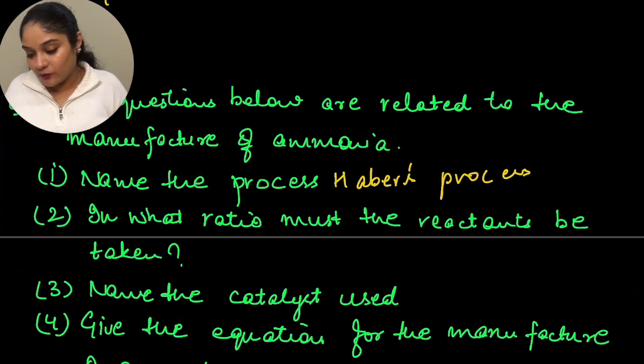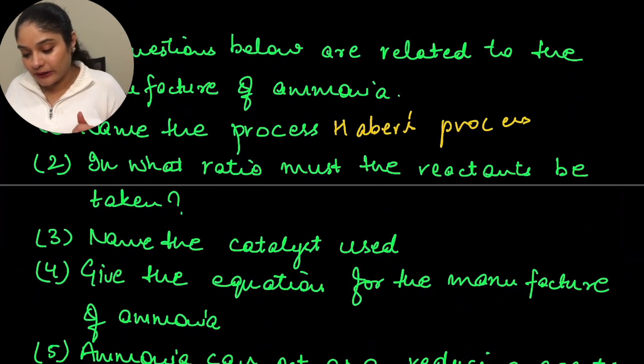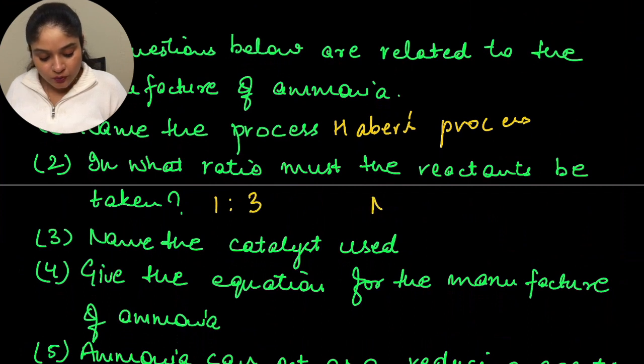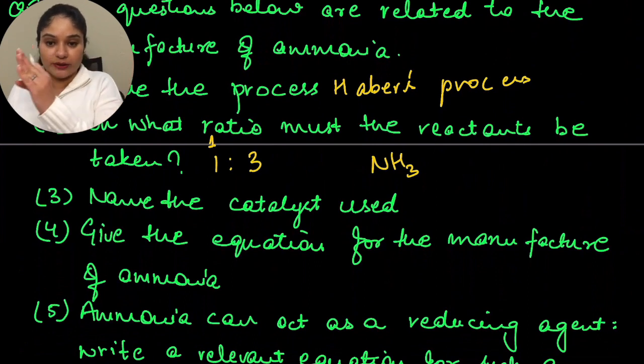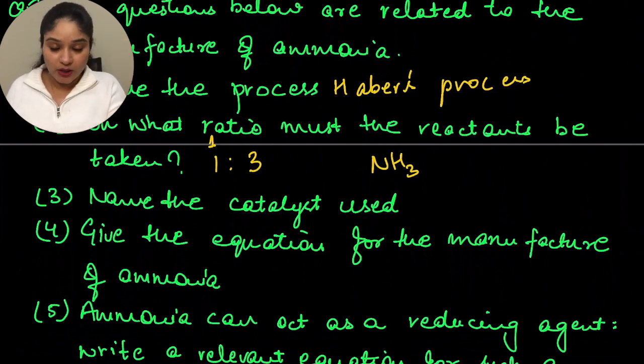Then the next is, in what ratio must the reactants be taken? They are always taken in the ratio of 1:3. So for NH3, 1 ratio of nitrogen and 3 ratio of hydrogen. So that is your ratio of the reactants. Always mention what the ratio is, 1:3 of what? Nitrogen to hydrogen is 1:3.